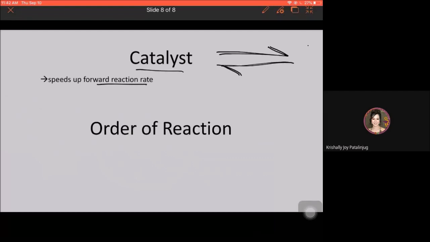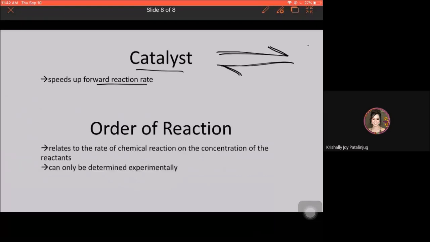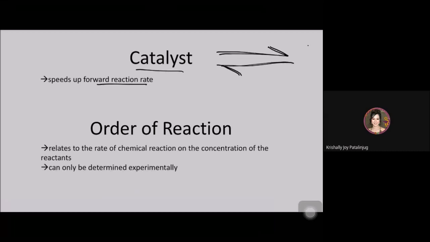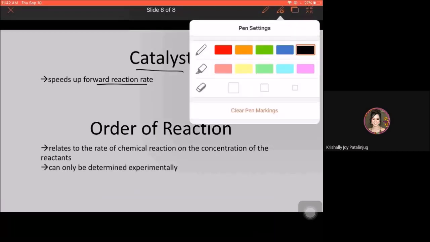Therefore, take note, yung catalyst, it only affects the forward reaction. It has nothing to do with the backward reaction. Kasi nga, it only speeds up the forward reaction rate. Okay, so yung apektado ngayon with the use of catalyst, yung forward reaction. Mas mapapadali ngayon yung forward reaction.